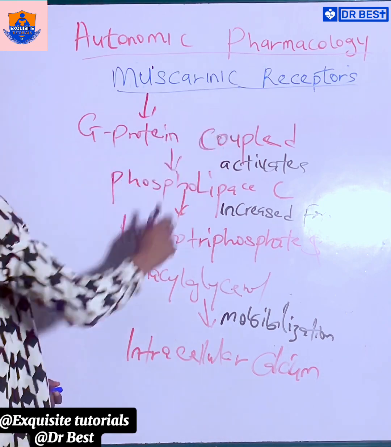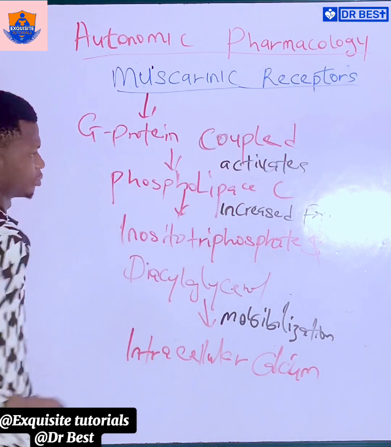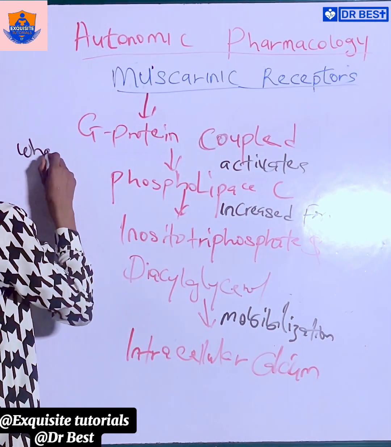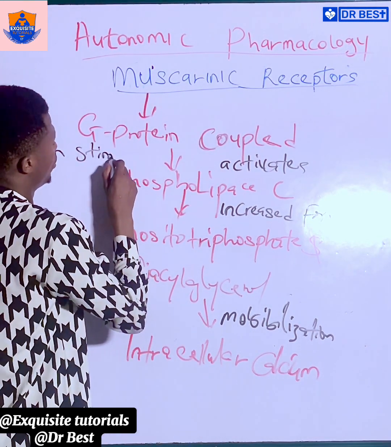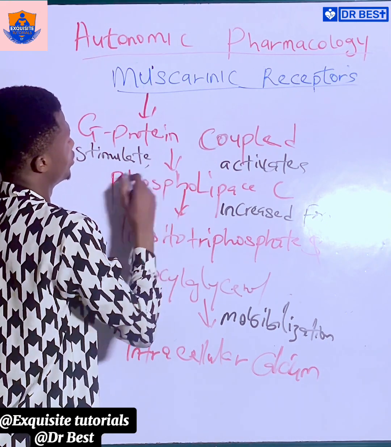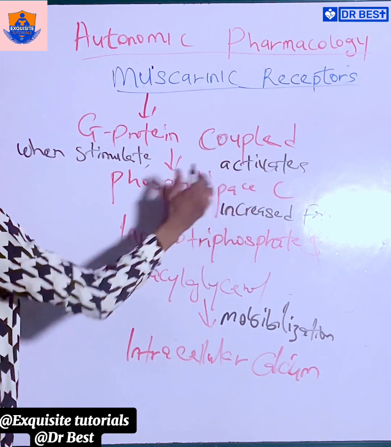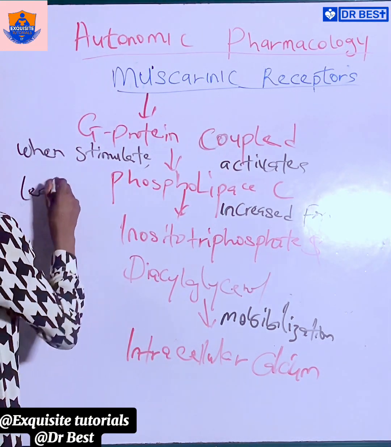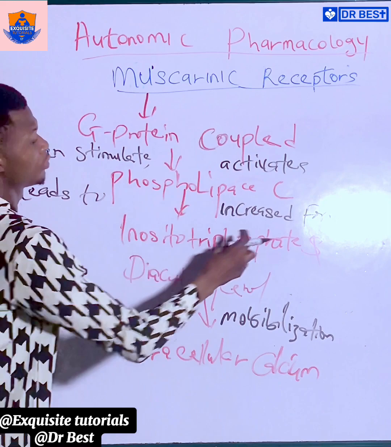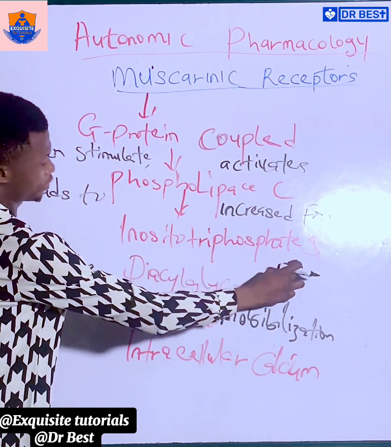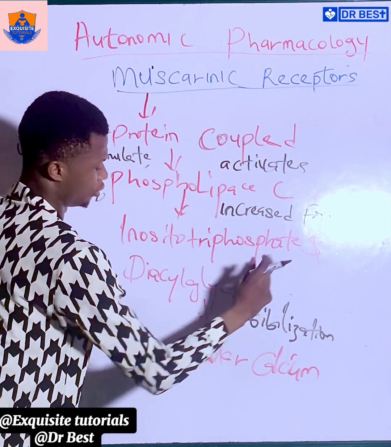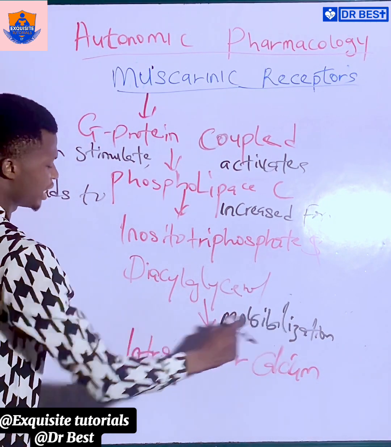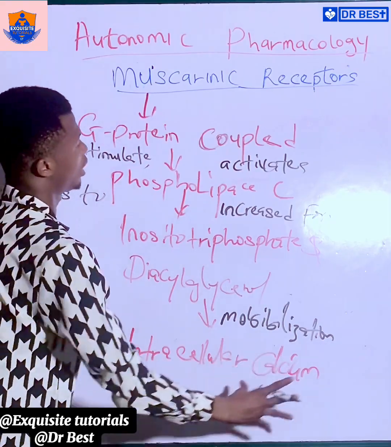Now, muscarinic receptors are G protein coupled receptors which, when stimulated, activate phospholipase C. This activation of phospholipase C leads to increased formation of inositol triphosphate and diacylglycerol, which leads to mobilization of intracellular calcium.